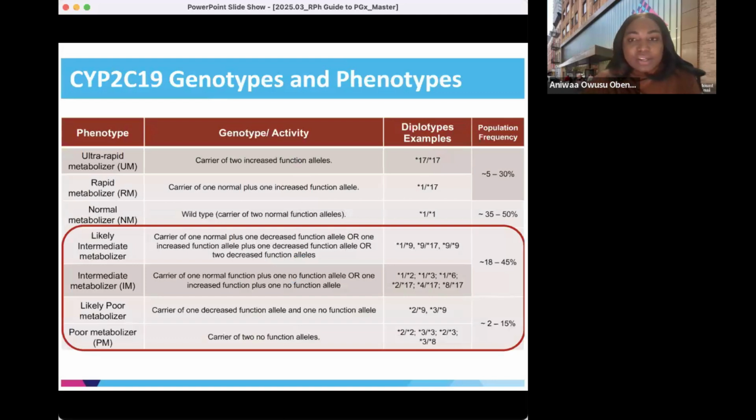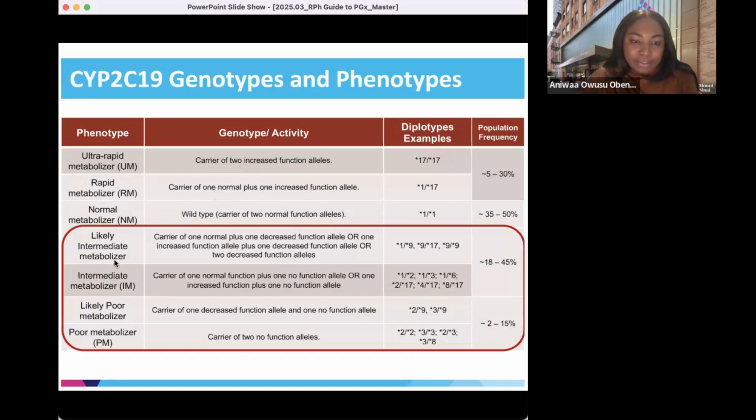So when you consider CYP2C19, there are multiple types of phenotype groupings. There are the ultra rapid metabolizers, which are those that carry two copies of increased function allele, and then the rapid metabolizers. These individuals carry one increased function, one normal allele. Normal metabolizers carry two copies of normal function alleles.